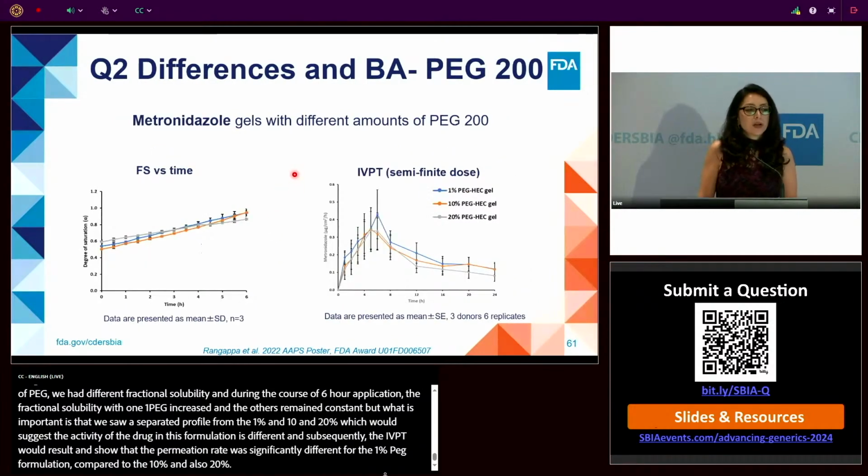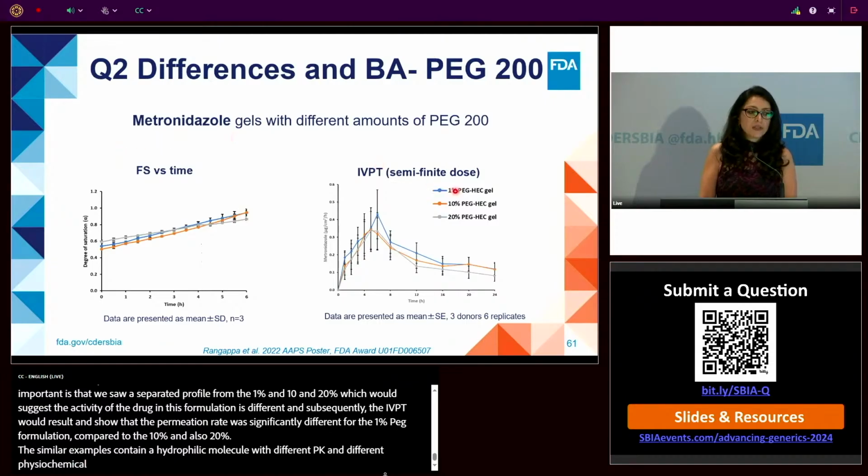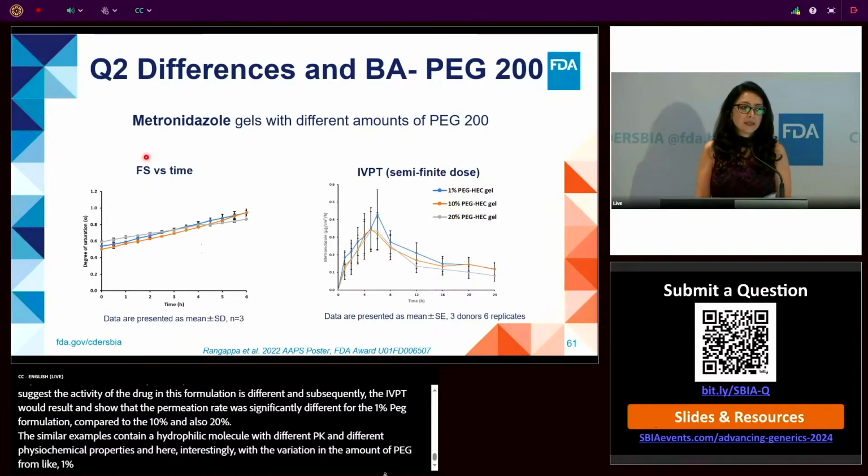Similar experiments were conducted with HEC gels that contained metronidazole. So this is a hydrophilic molecule with different pKa and different physicochemical properties. And here, interestingly, the variation in amount of PEG from 1% to 10% and 20% did not result in significant differences in fractional solubility at time 0 and also during the course of 6 hours.